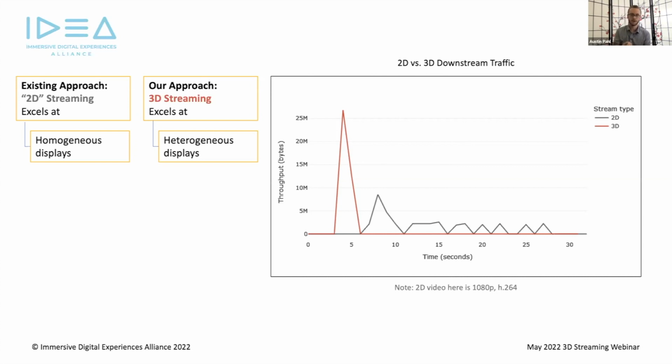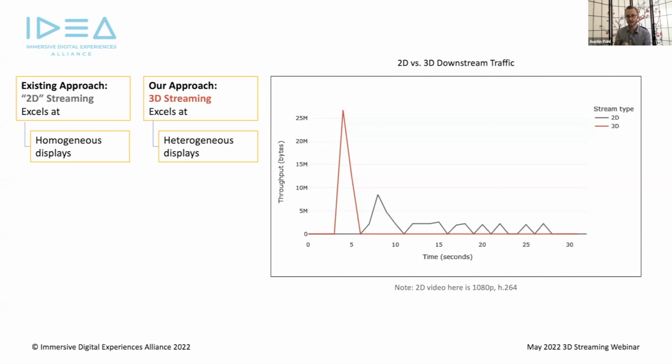Sure, if we're only distributing content to standard 2D displays, that's easy enough. But if we want to distribute to 2D displays and VR headsets and holographic displays, for example, there's a lot of new questions that arise. How many new versions of the content do I need to produce?